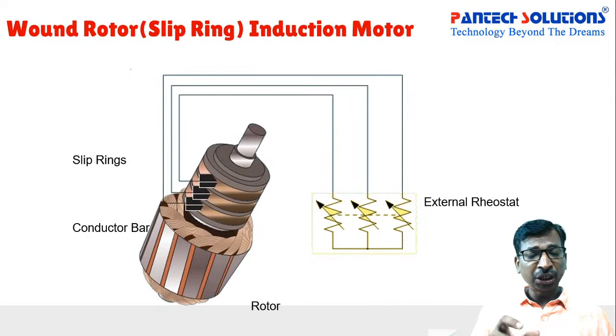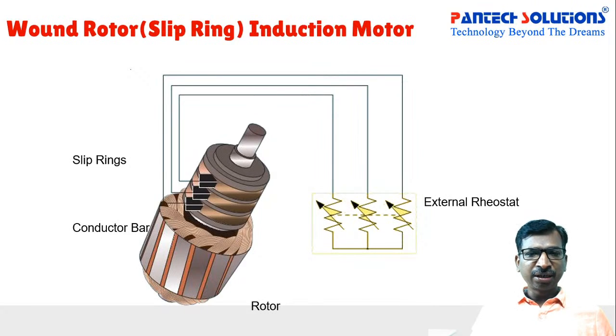And finally, the other terminal of the rheostat needs to be terminated with a common point, so either it may be the neutral point. By providing this additional assembly, we call this a wound rotor or slip ring induction machine. Wherever it is needed, we can use it. But from an industrial point of view, people majorly use slip ring induction machines.